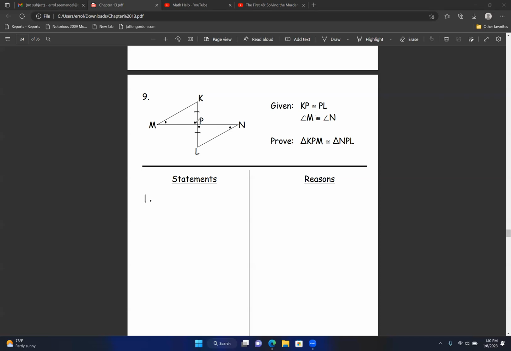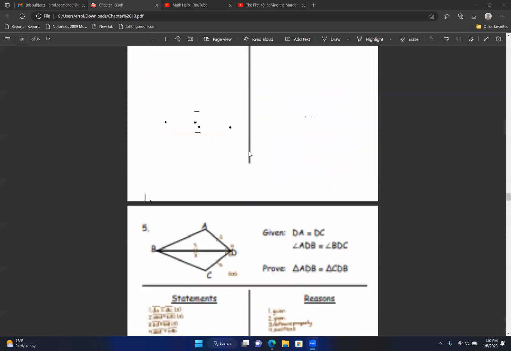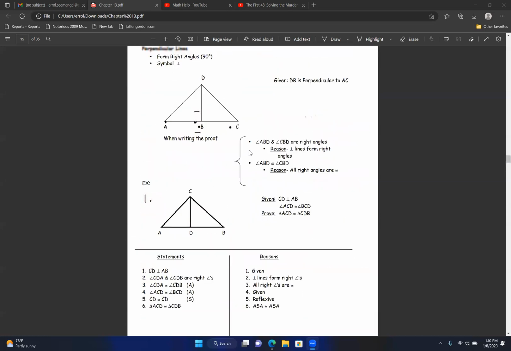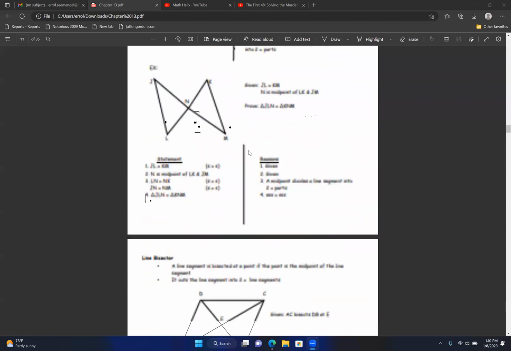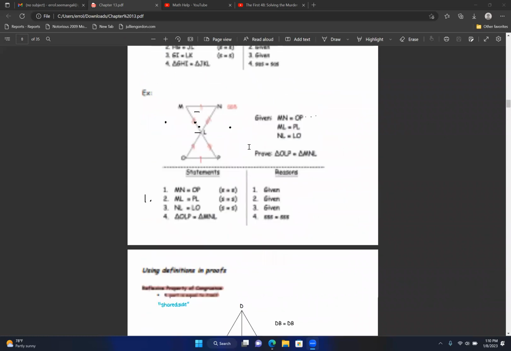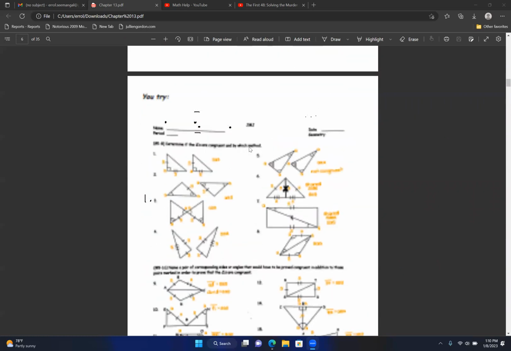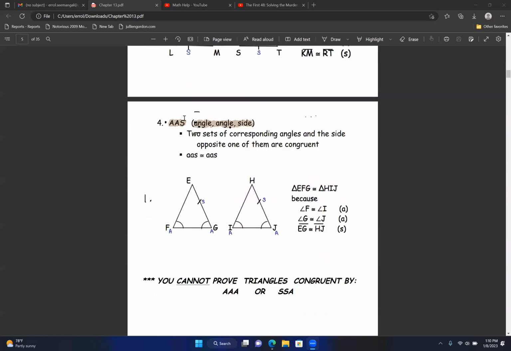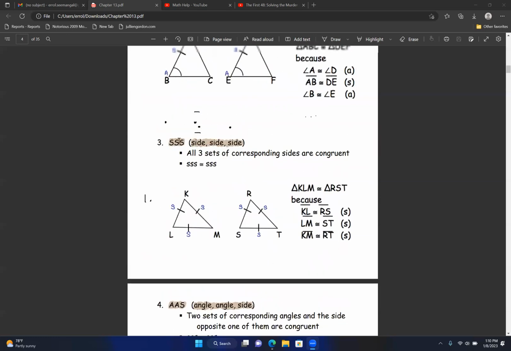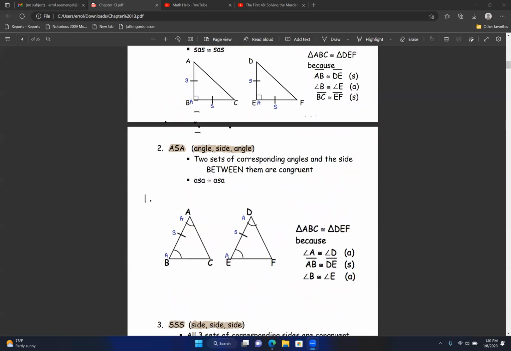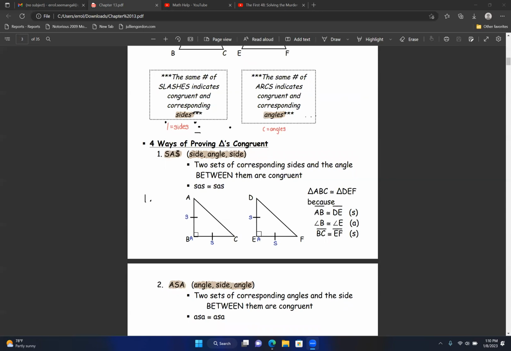So which one of the four proofs would we end up with? Okay, look up here. There's four ways to prove a triangle is congruent, right? What are the four ways? AAS, SSS, ASA, or SAS, right?